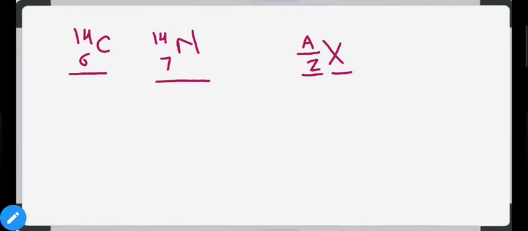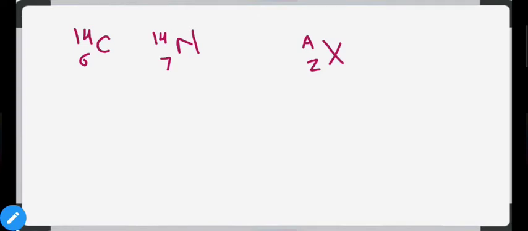In this case, C represents the symbol of carbon. Now 6 represents the atomic number of carbon, that means Z, and 14 represents the mass of carbon, that means A, and the same for nitrogen. So let us find the number of electrons, protons and neutrons in both of these.